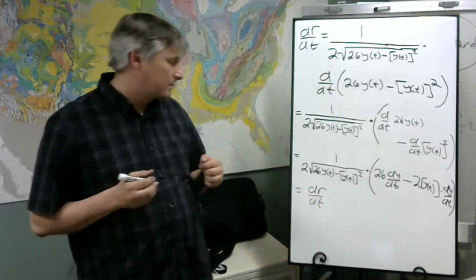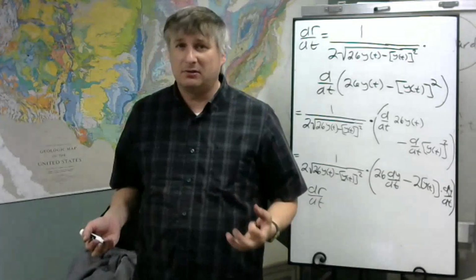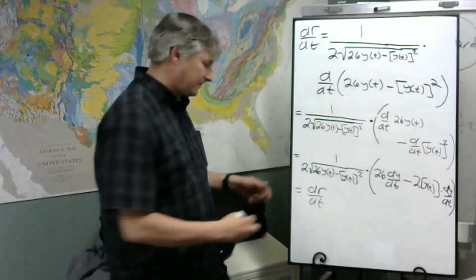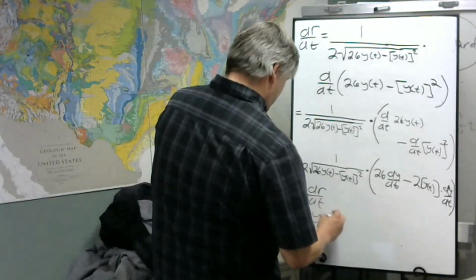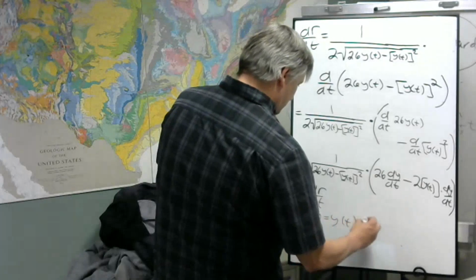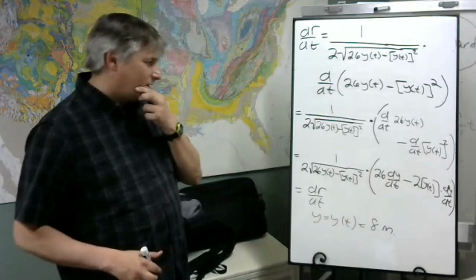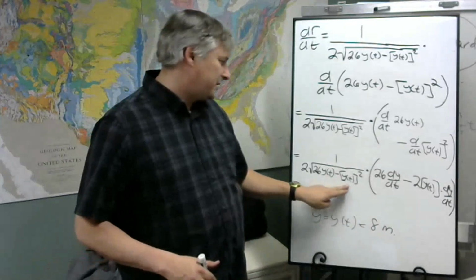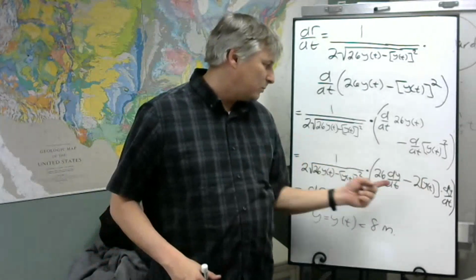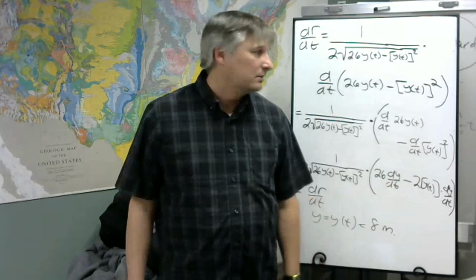So what can we do? Well, we want the water level at the depth of 8 meters. So y of t is equal to 8 meters. So we can put something here. Why do we do dy/dt?